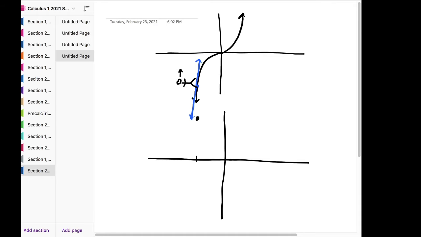Now, what happens as you get closer? As you keep climbing up, what happens? Yeah, it's still positive, but it's closer to 0.